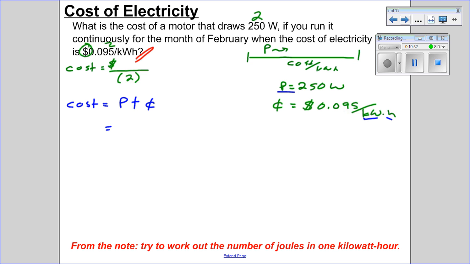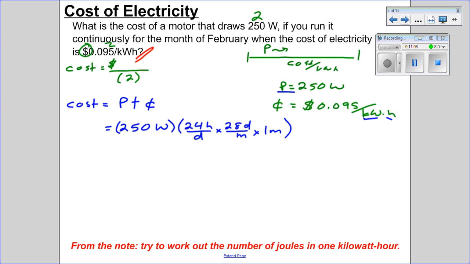So let's put the numbers in. We are looking for cost, so we don't need to do any algebra here. Put the numbers in. We have 250 watts. You'll see now why it's often a good idea to put the units in. Time is going to be 24 hours per day times 28 days in a month times 1 month. That's our time, because it's 1 month, it's a month of February.